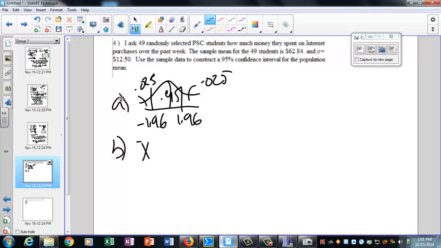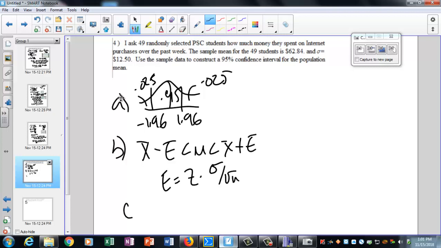Part B, x bar minus E is less than mu, which is less than x bar plus E, where E is equal to z times sigma over the square root of n.